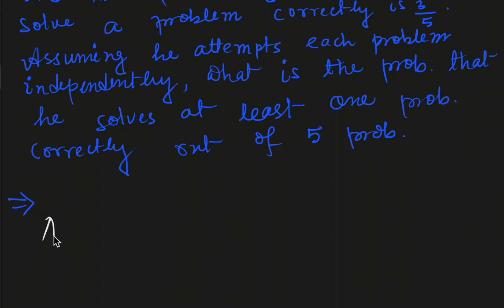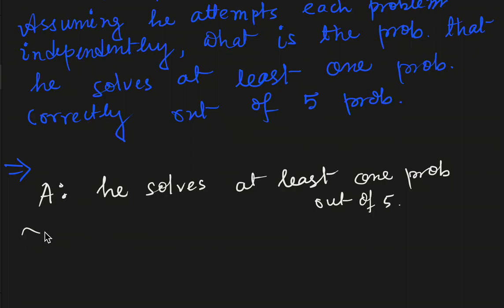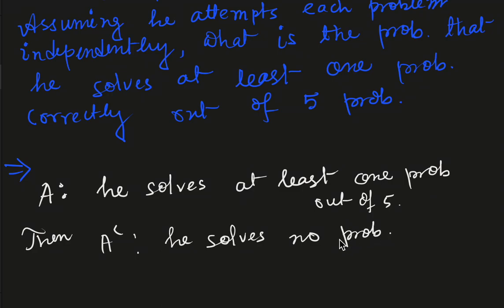Suppose that A is he solves at least one problem out of 5. Then A complement denotes he solves no problem.